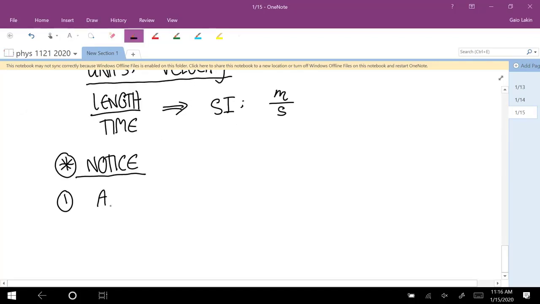First, the absolute value or the magnitude of the instantaneous velocity is the instantaneous speed.